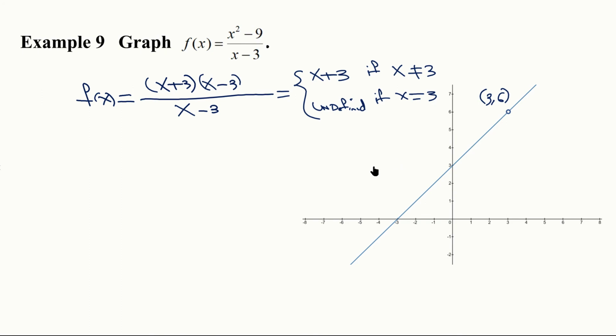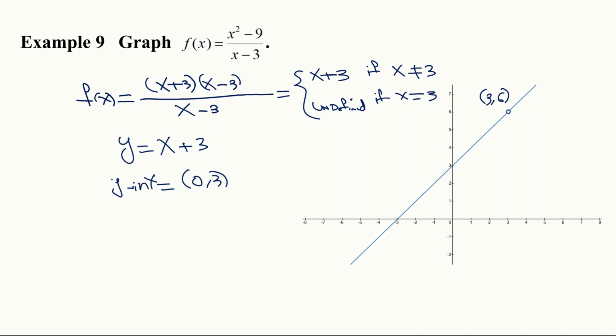All right, so remember, once you reduce, this becomes a very simple expression. We can easily graph y equals x plus 3. It's a linear equation, right? Notice that the y-intercept of that line is (0, 3).